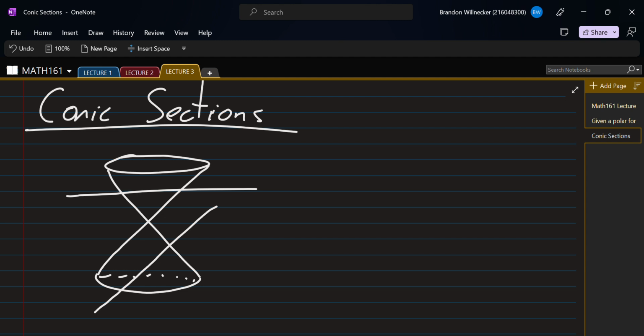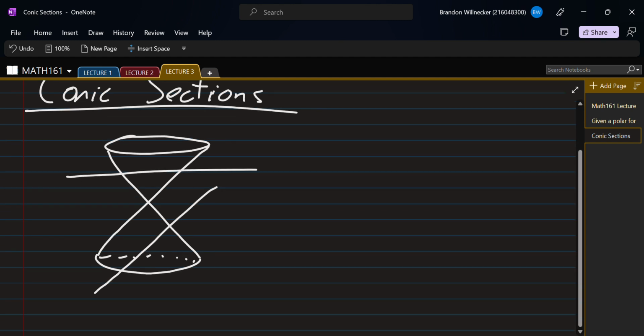You can look at this online. There might be some nice videos on that. If you cut it at an angle, you get a parabola. And if you cut it vertically, you end up with two hyperbolas, like the 1 over x things.